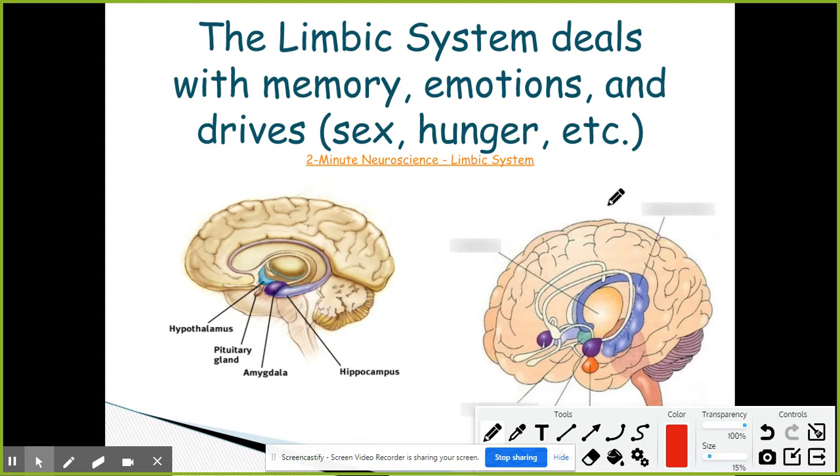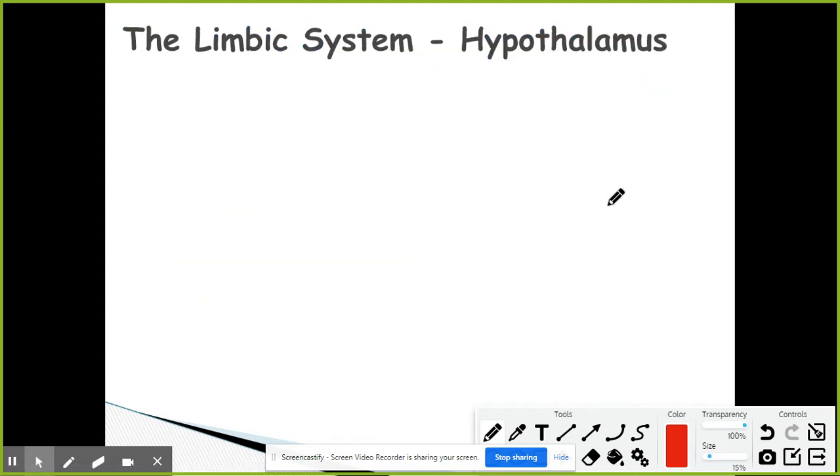All right. So the first structure we got to go over in this is what is called the hypothalamus. It's called hypothalamus because it's below the thalamus. You can see it.